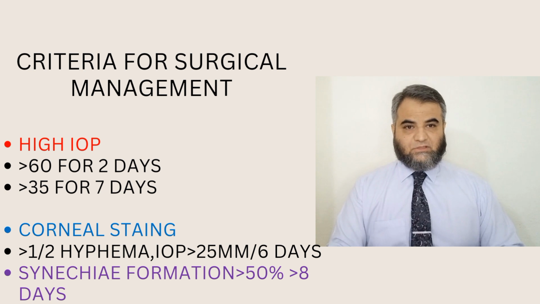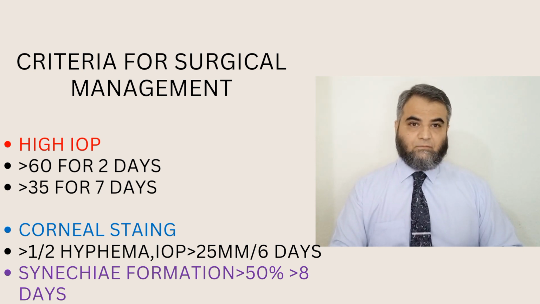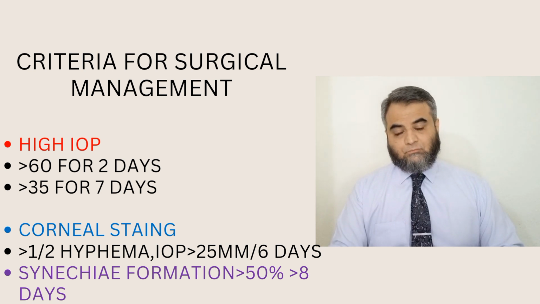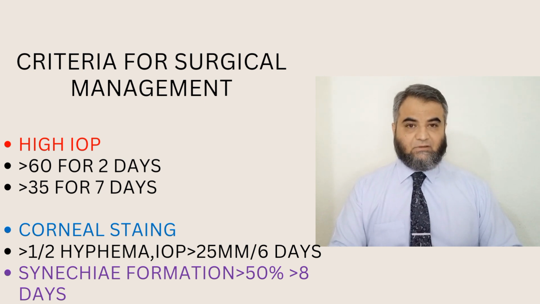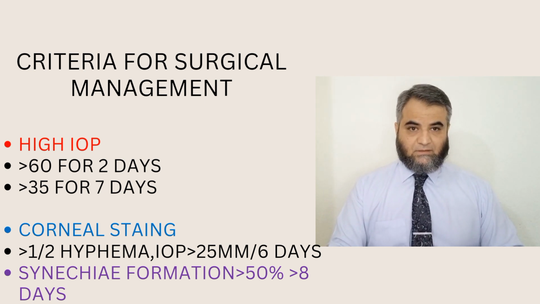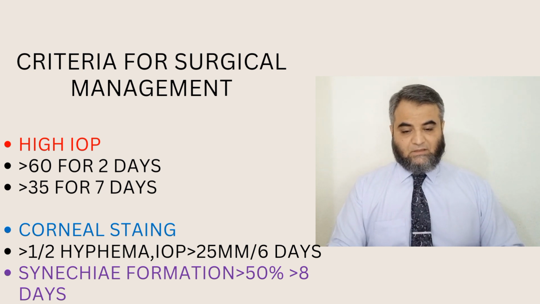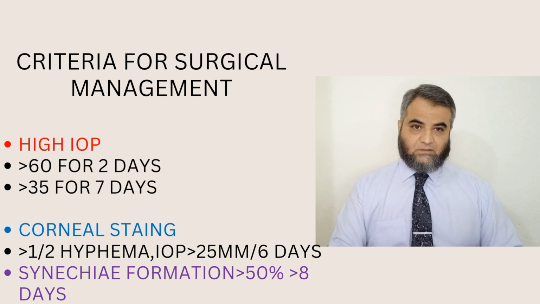Corneal staining can happen if the hyphema is more than half of the anterior chamber depth and the intraocular pressure remains more than 25 for 6 days. And if the anterior chamber hyphema is more than 50% for 8 days, there are chances of developing synechiae. So these 3 things we usually keep in mind when we are managing these patients.